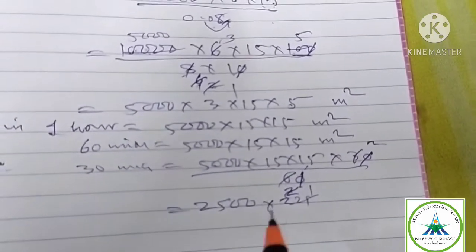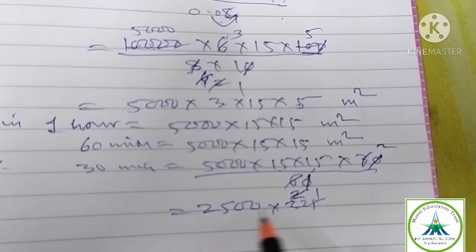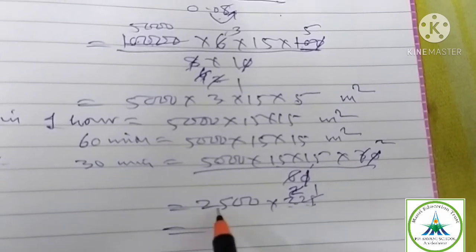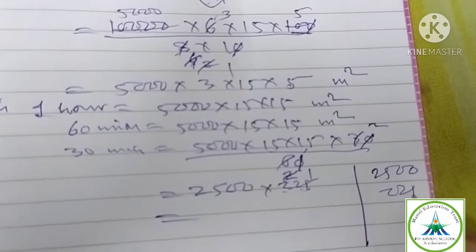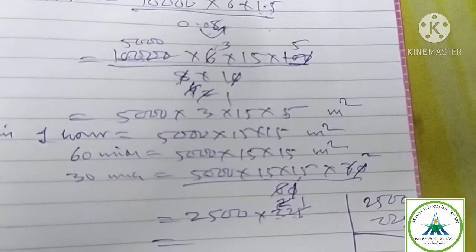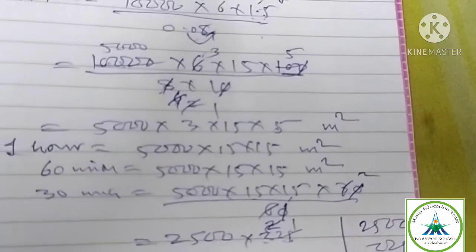Clear? Now just see this. You are getting 225 multiplied by 2,500. Please multiply properly in the corner so that you get it right.